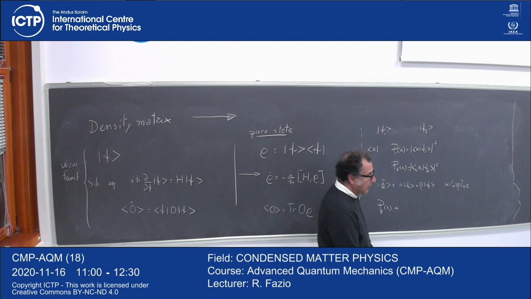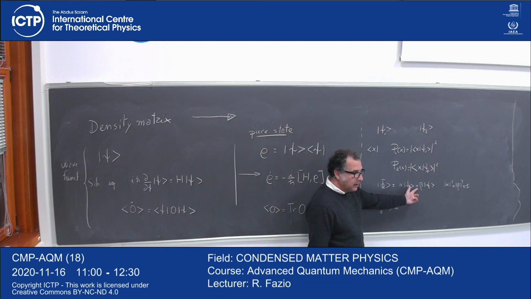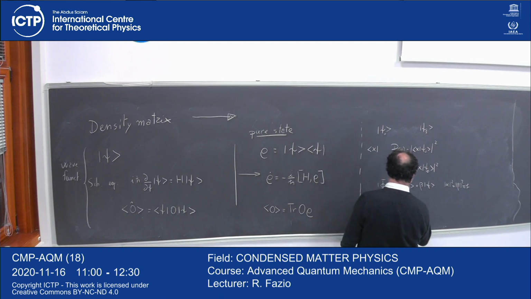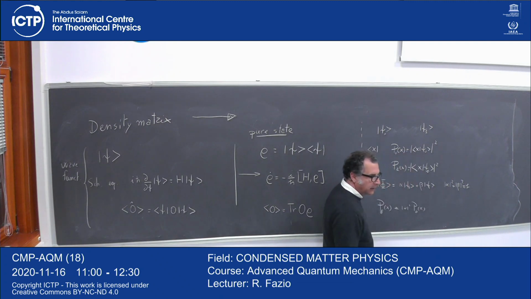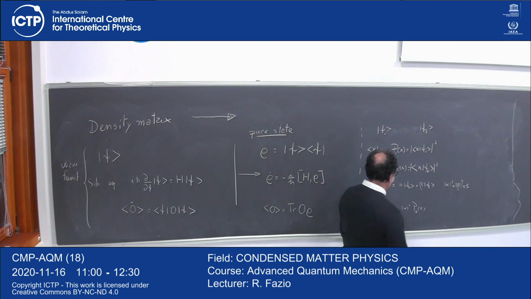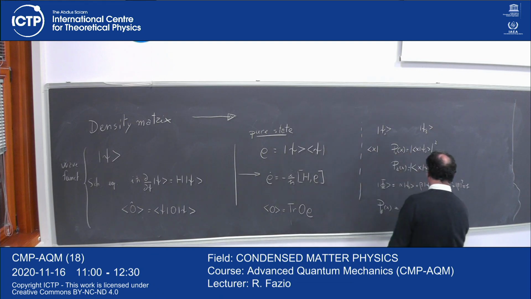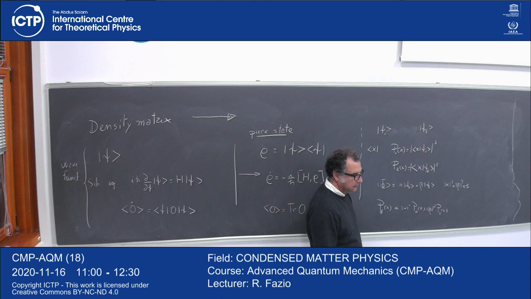So I have to take the modulus square of this. I guess it's alpha squared P0 x, plus beta squared P1 x. Then we have cross terms if they're not orthogonal.